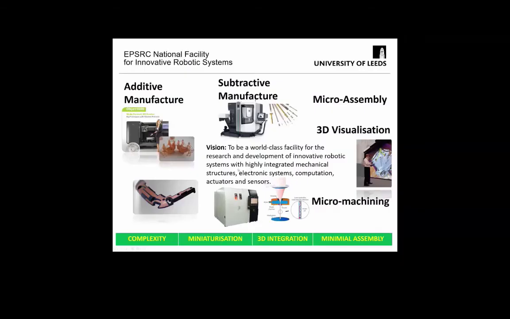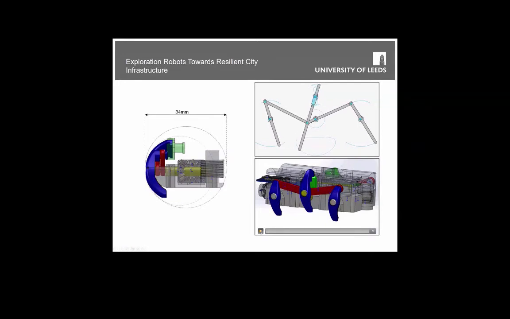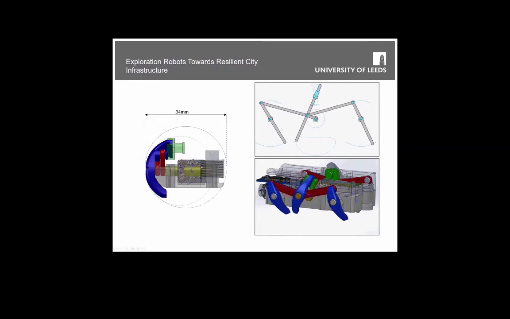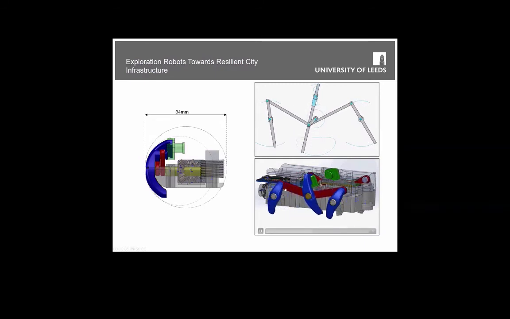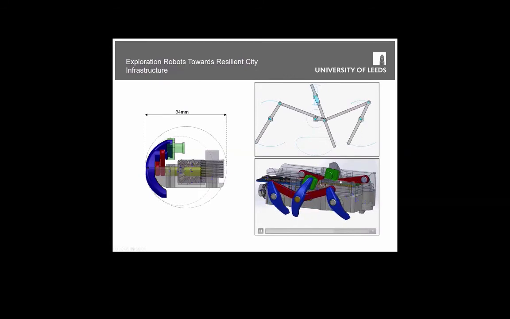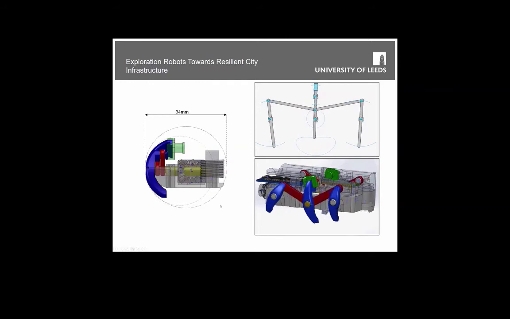So here's an example of something we made with that process. We were trying to make a small walking robot, and we wanted to make it with the least possible amount of parts. So you can see here we've got a walking robot. We wanted to 3D print this system that has mechanical parts in it, gears and things, but with the fewest number of components.